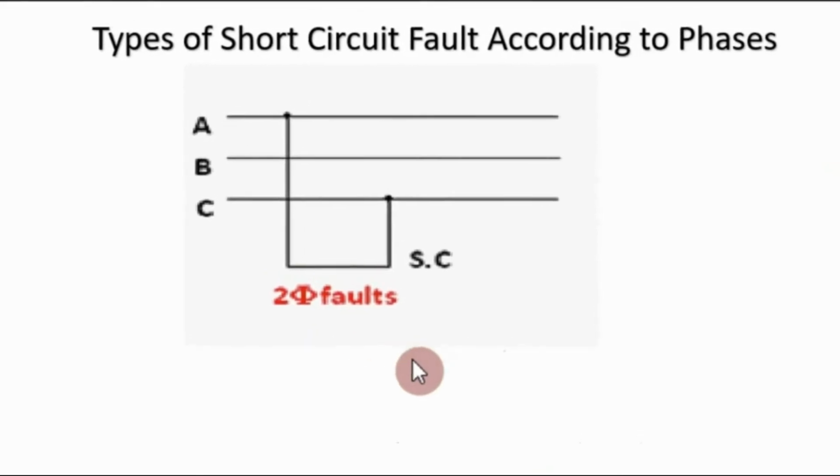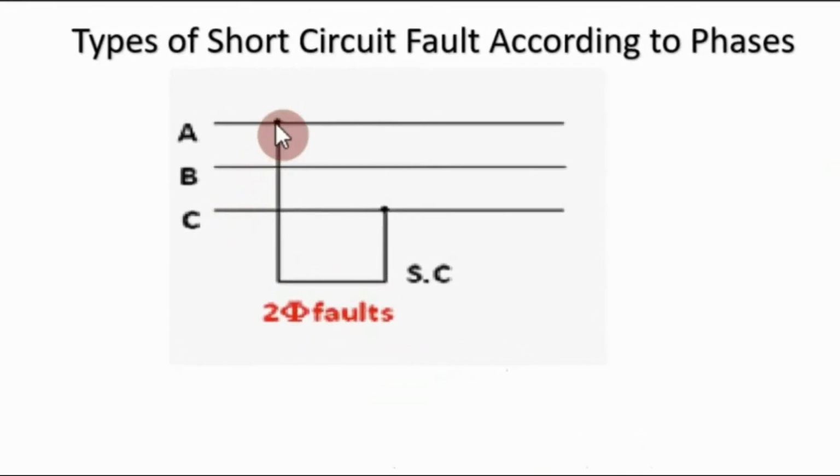So the other one is the two-phase fault. So you'll see here that there are two lines that are connected, line A and line C, and line B is not connected. Okay, so what will happen, the current of line A will flow here, and also the current at line C will flow here.